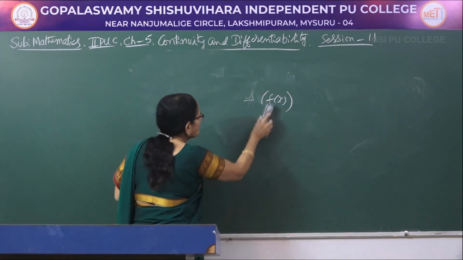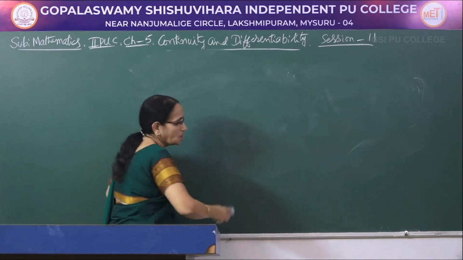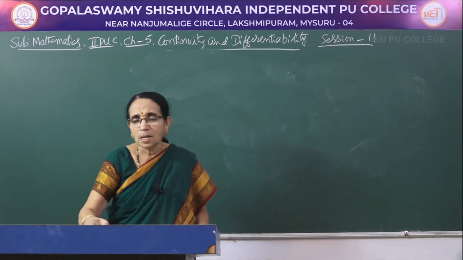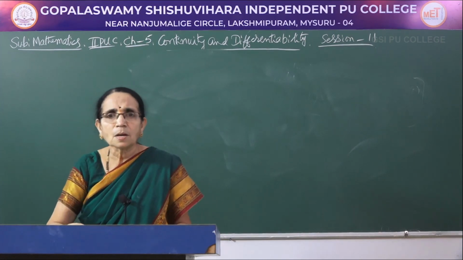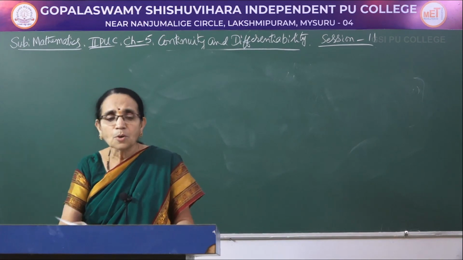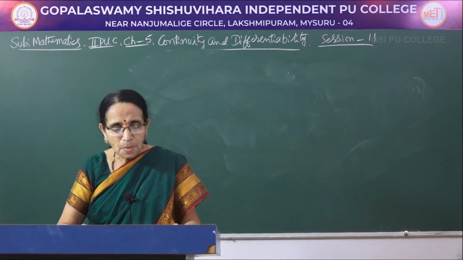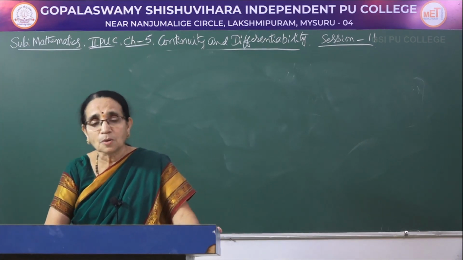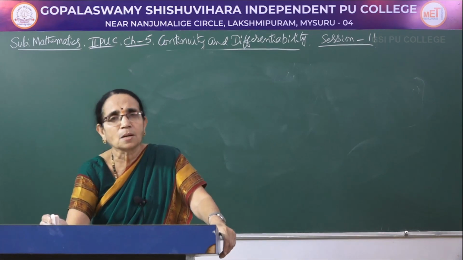These are the things known as the algebra of the derivatives. Algebra means when the given function is expressed as the sum, difference, product or quotient, or when it is multiplied by a constant. How do you find the derivative of this, which comes under the topic algebra of the derivatives. We know the definition to get the derivative.